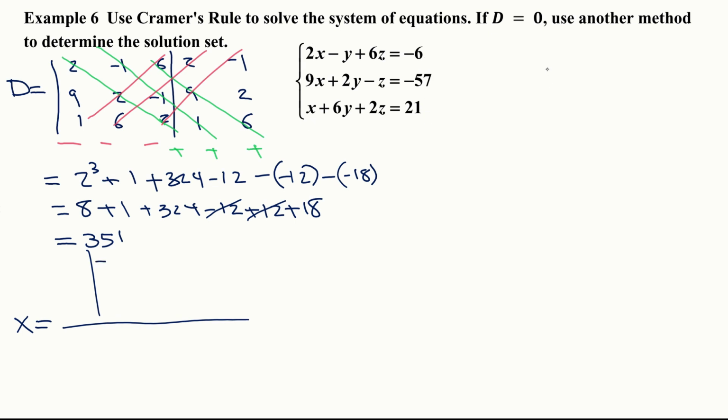So -6, -57, 21, but y and z keep their coefficients, right? So -1, 2, I mean, 6, and 6, -1, 2.